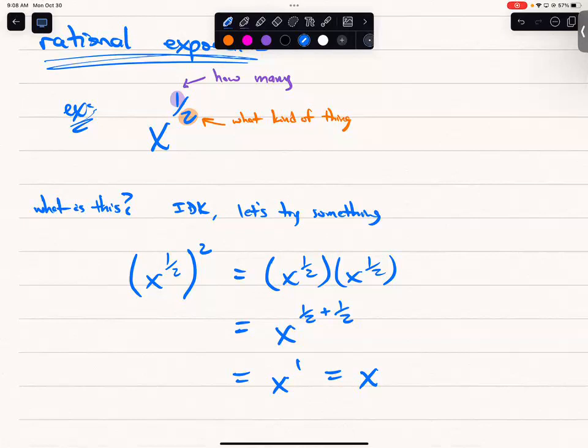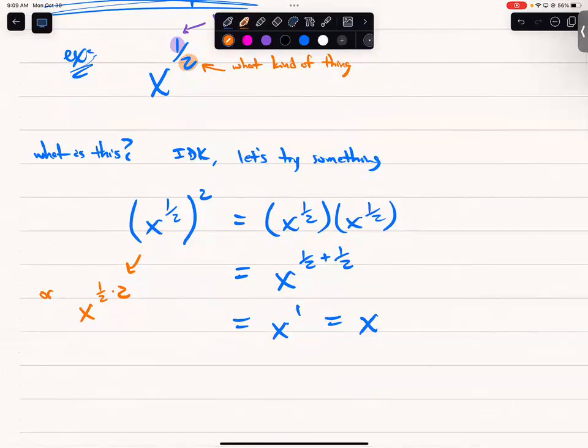Okay, so whatever x to the 1/2 is, it's the thing that when you square it, you get x back, right? You can also do this directly. How do you deal with a power raised to a power? You take a thing with a power and raise it to another power, you multiply the exponents.